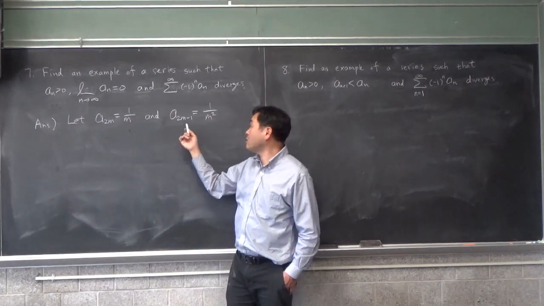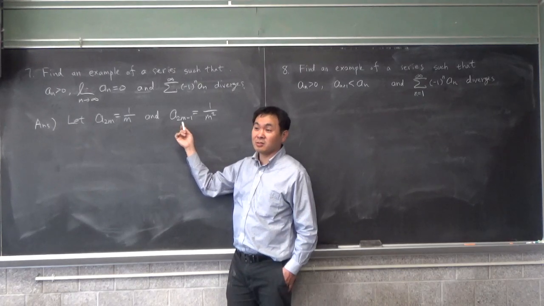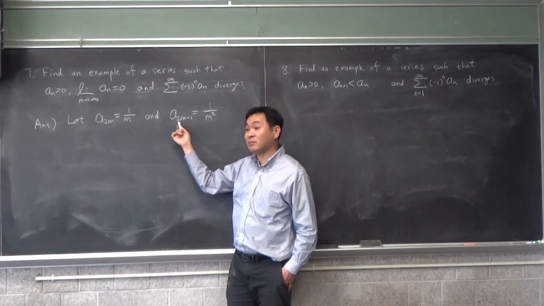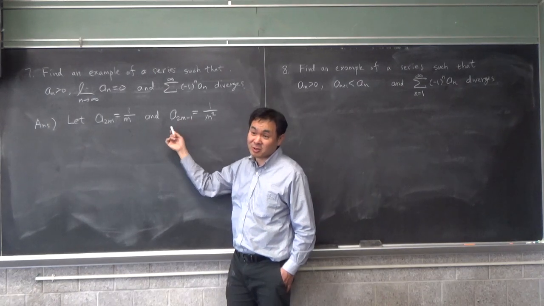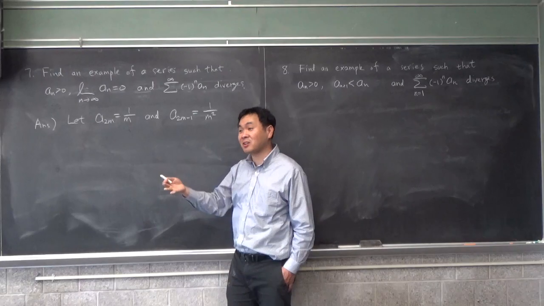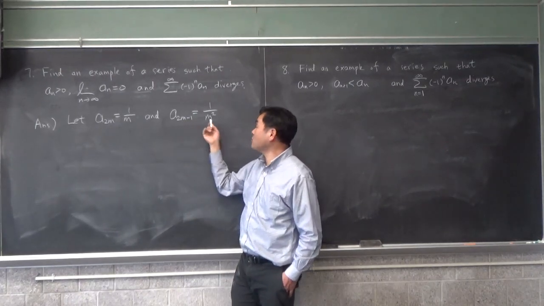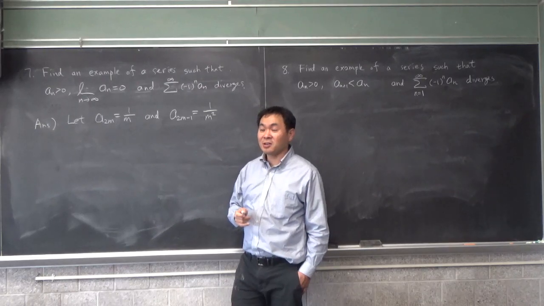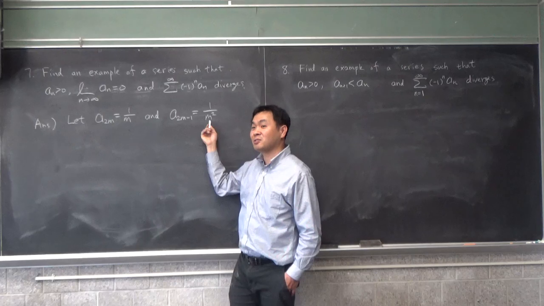On the other hand, what is 2m minus 1? It will be an odd number, because if you have any even number and you subtract 1 from it, that's an odd number. Any odd number is 1 less than an even number. And for those, I want 1 over m squared. Now, you already see what's going on here, right? Sum of 1 over m squared: does this converge or diverge?